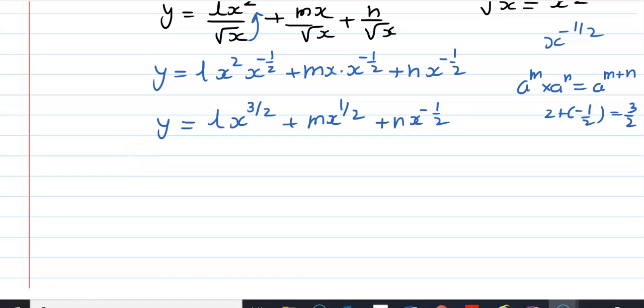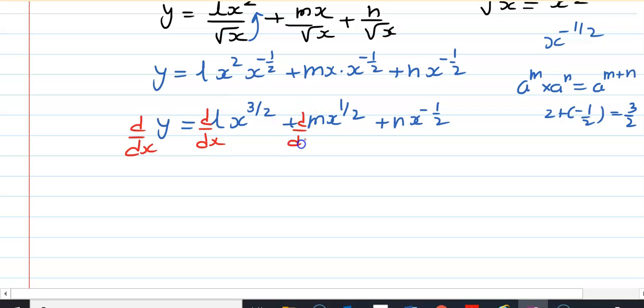So what we can do is put d over dx with this. So d over dx of y, and here d over dx of this term, and d over dx of this term. Whatever is a constant term, we can take out. So l d over dx, differentiation of x to the power 3 by 2 with respect to x.